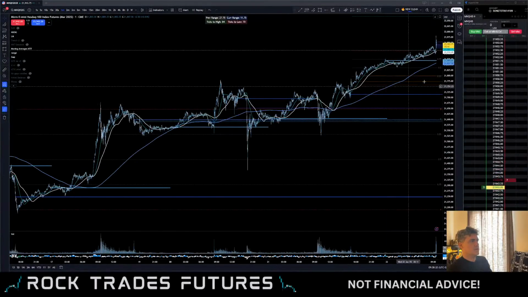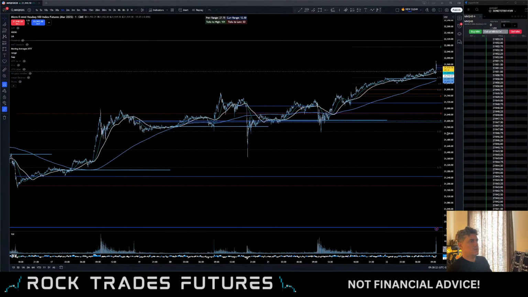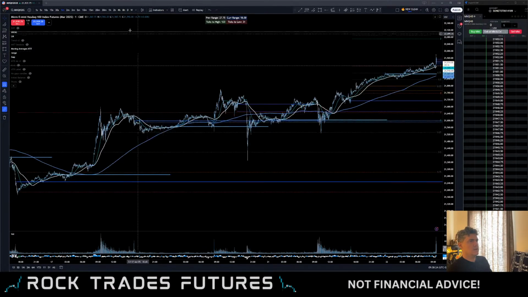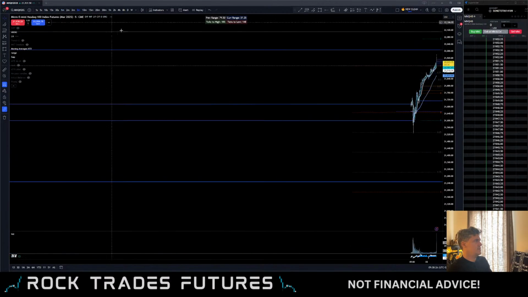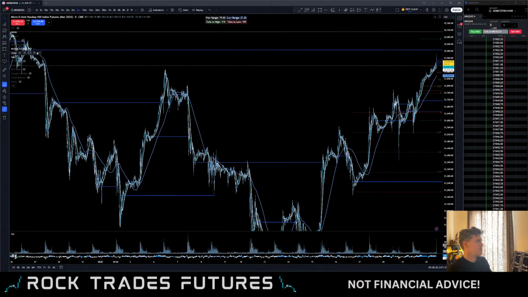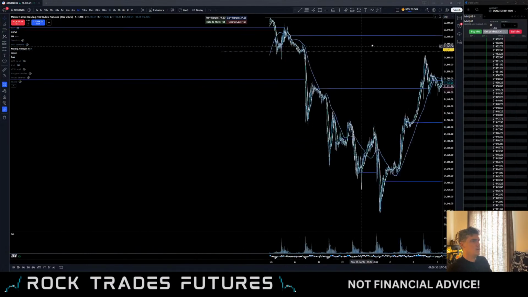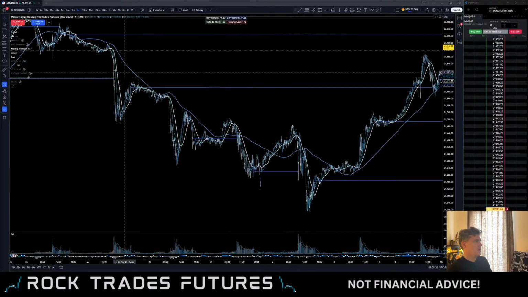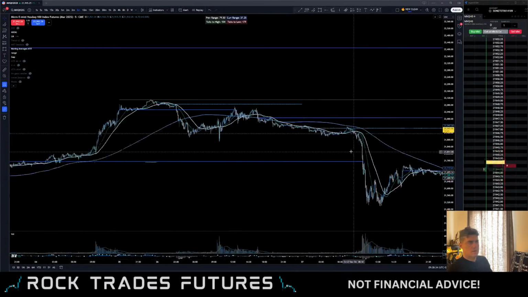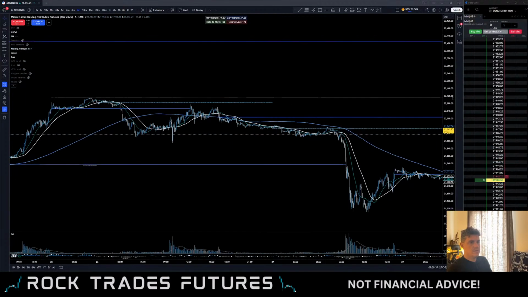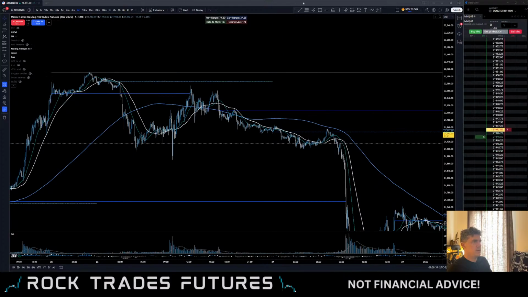All right. Yeah. And 5, and draw it manually. Get this gap drawn here. Just looking for a possible area for price to reverse.